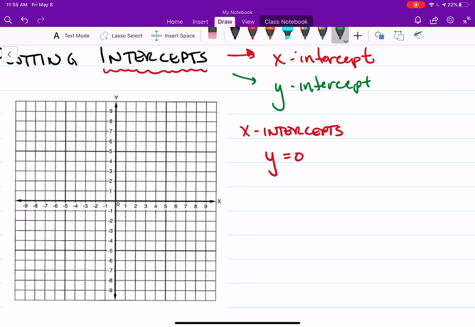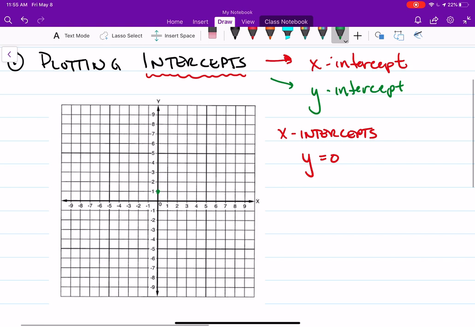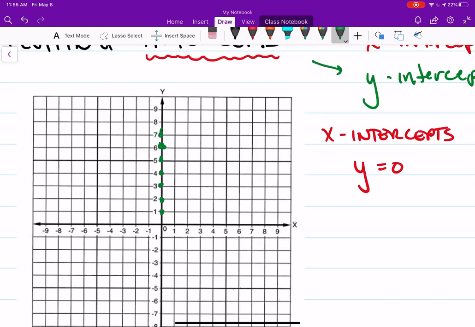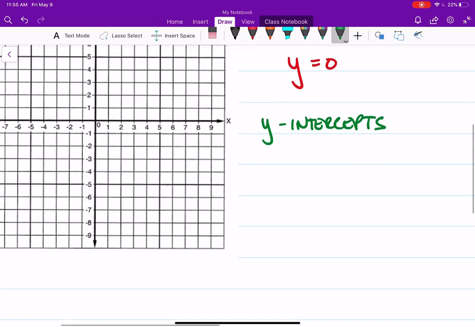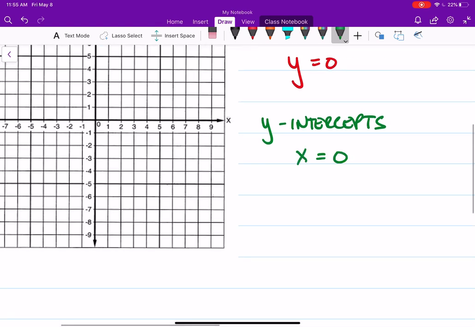Similarly, with the y-intercept, same thing. If I plot all these points where it crosses the y-axis, each of those points is 0, 1, 0, 2, 0, 3, 0, 4. So what stayed the same? The 0 did, right? And so x is always equal to 0.